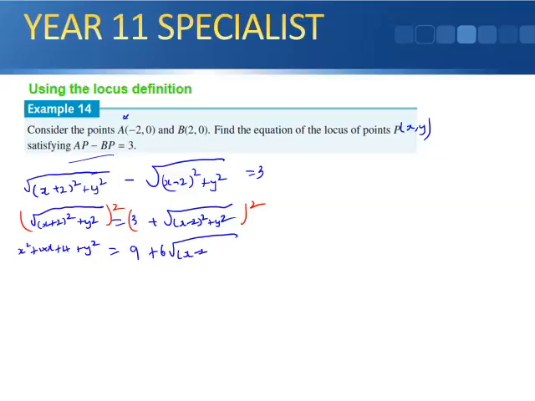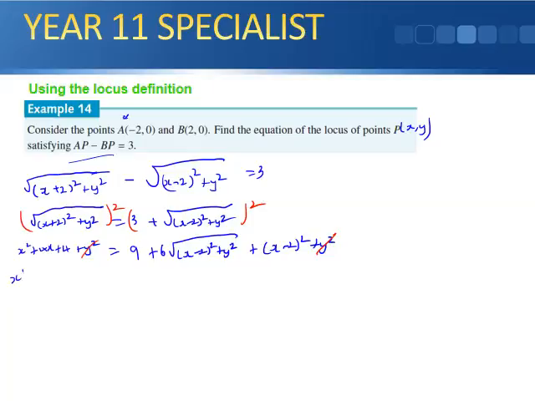the square root of x minus 2 squared plus y squared, and this with plus x minus 2 squared plus y squared there. Okay, so that should expand, and I'll leave that as it is at the moment.